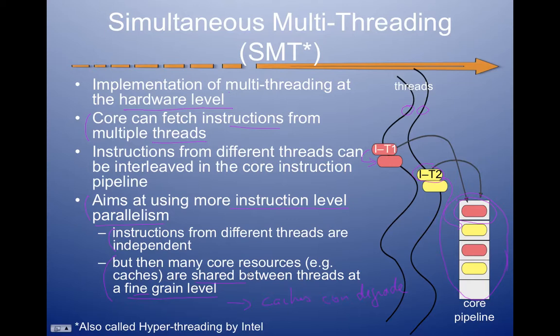So most of the time this technique is beneficial, but sometimes, because you are sharing resources between threads, you will degrade memory access time, and the total benefits will not be as good as if you were running only one thread on the core.